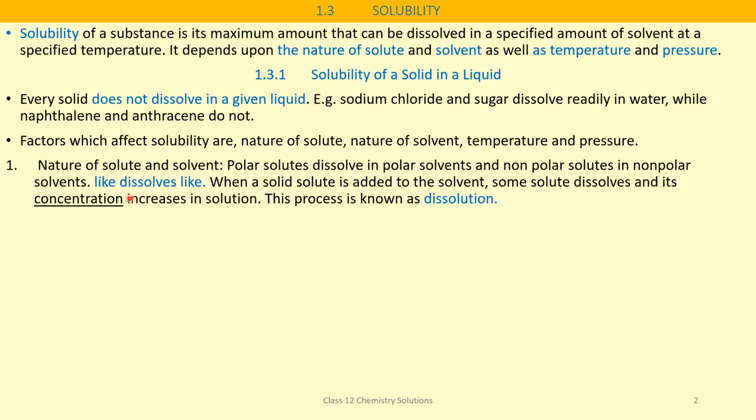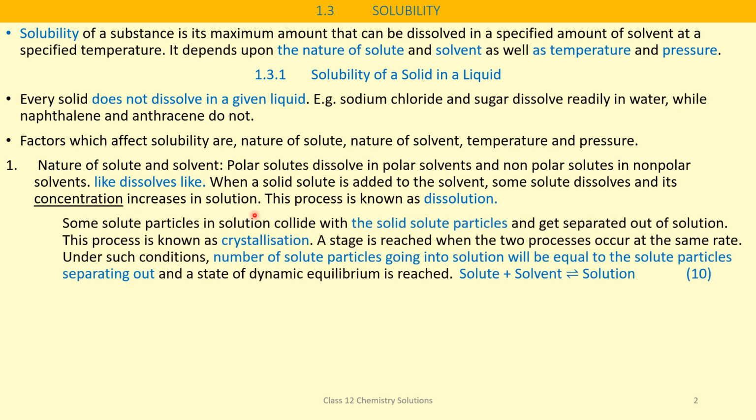Thus, like dissolves like. When a solute is added to a solvent, some solute dissolves and its concentration increases. This process is known as dissolution. Some solute particles collide with the solute particles in the solution and get separated out of solution.